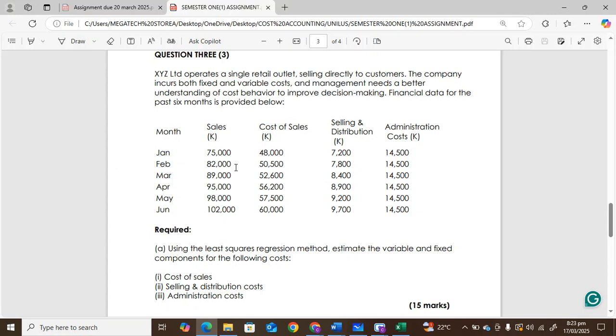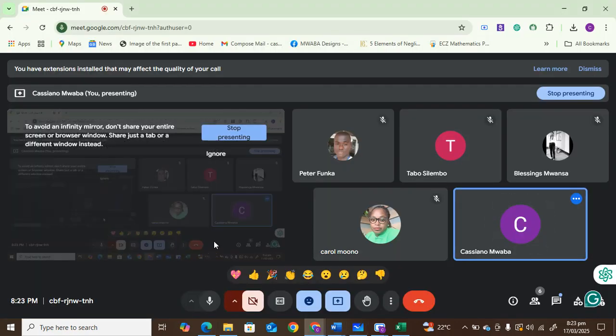Because remember, what we're trying to do with this least squares regression is form a cost equation. If you remember, like in the high-low method, that equation we made was a cost equation to get your total costs. Even here, it's the same.